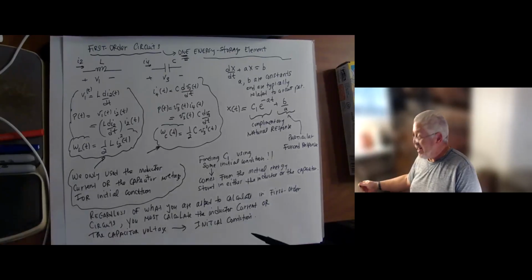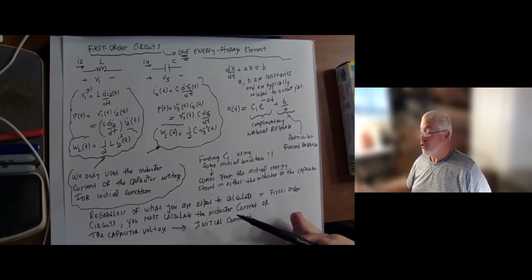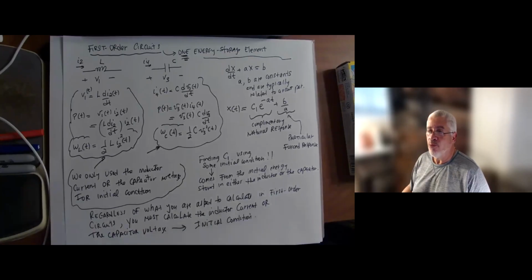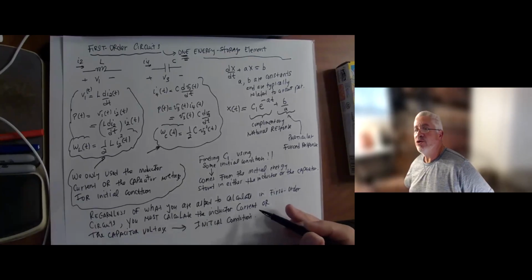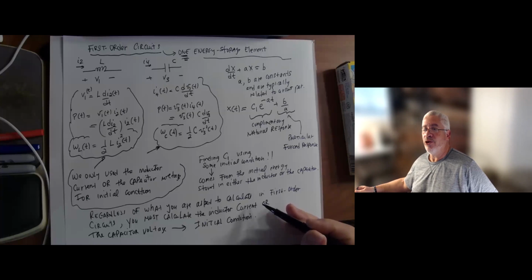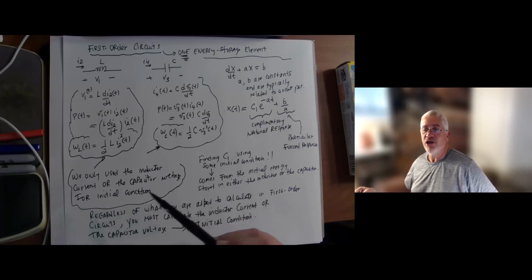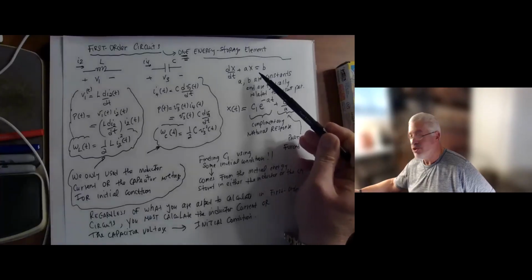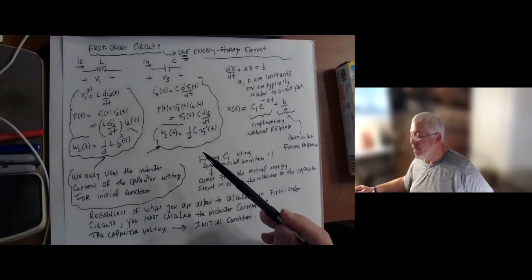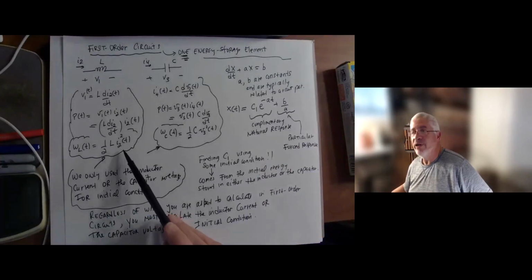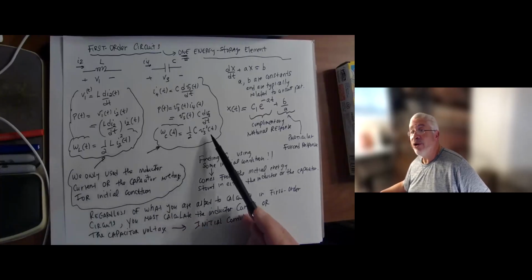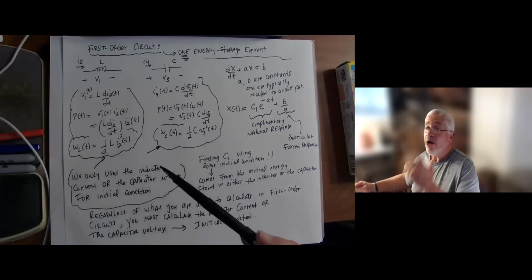So it doesn't matter if I ask you for a voltage across some resistor or a current through some resistor, you always need to calculate the inductor current or the capacitor voltage, because that's the only thing we can use for initial condition in our differential equation solution. We are guaranteed that the inductor current is continuous, it doesn't jump. And we also are guaranteed that the capacitor voltage is continuous, it doesn't jump. What do I mean by that?